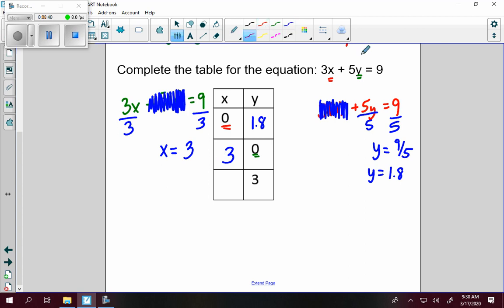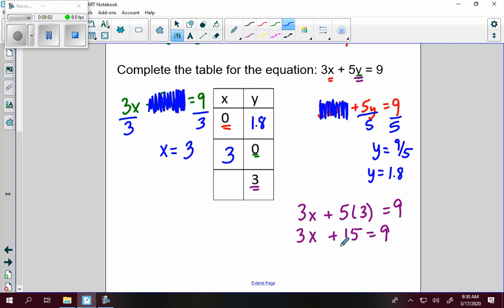Last but not least, if we say y equals 3, then we put 3 in for y, and we have 3x plus 5 times 3 equals 9. Now I can't just cross it off because it's not a 0, so I have to do the algebra. 3x plus 15 equals 9.